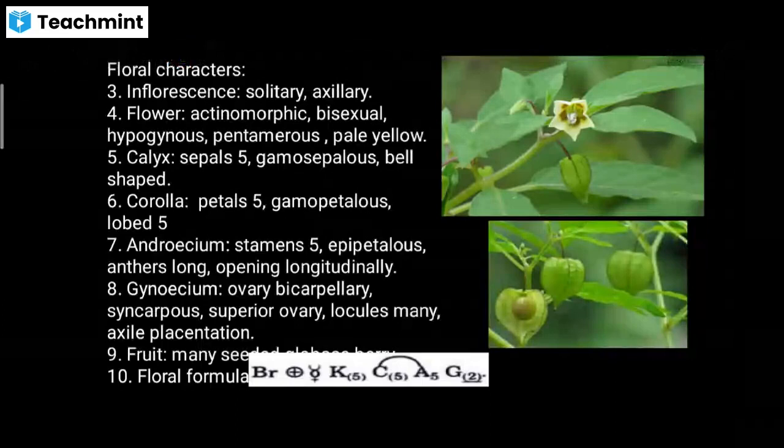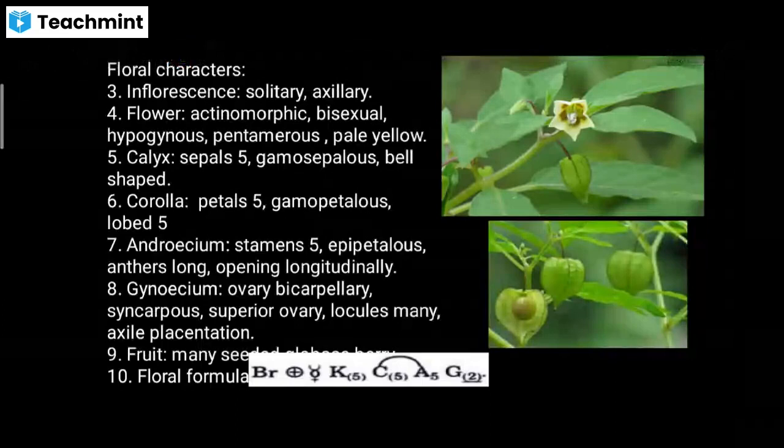Then next is about the gynoecium. The gynoecium here is bicarpellary, so two carpels are there. They are in fused condition and have a superior ovary. Superior ovary means that below the ovary all floral parts are present.